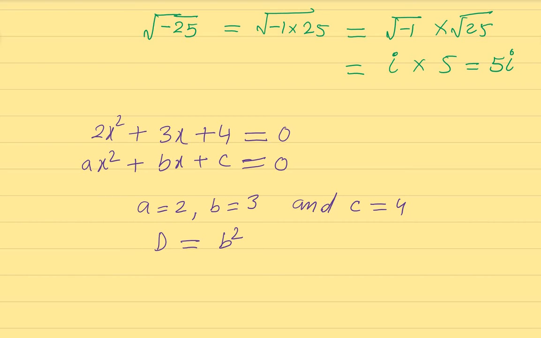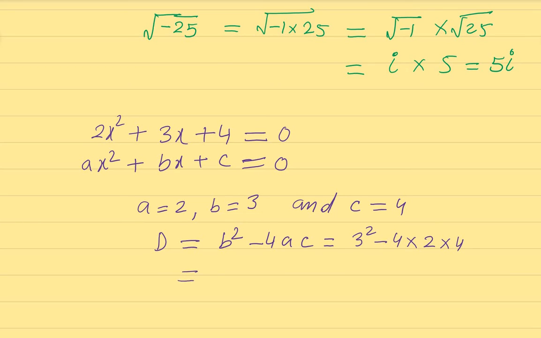And discriminant D equals b square minus 4ac. Plugging in the values, we get 3 square minus 4 times a, which is 2, times c, which is 4.